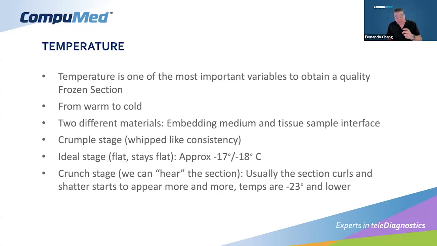The crumple stage is basically when the temperature is going down, is getting there, but not yet, approximately -5, -10. And we start having sections, and we're gonna have a video later. You're gonna see that this is almost like a whipped cream cheese type of consistency. It's just gonna stay on the blade, and it's gonna have a thickness that is not the desired thickness.